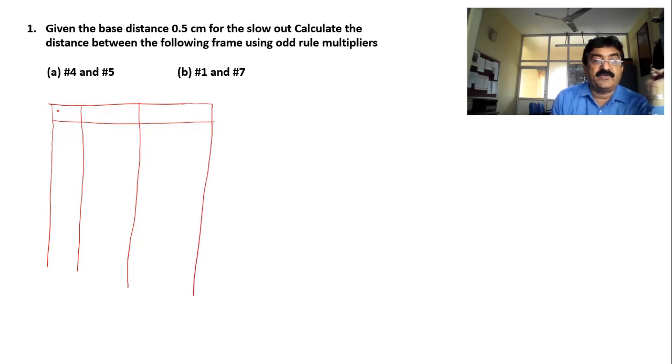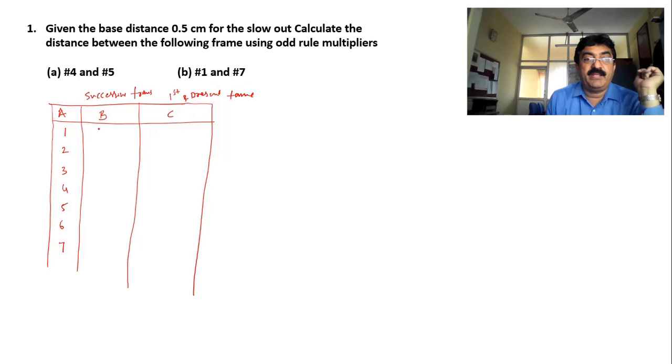First column is the frame number, I write it as A. Second column is B, the distance between two successive frames. Please follow my notes. And the third one is C, the distance between the first and present frame. Now let me write the frame numbers 1, 2, 3, 4, 5, 6, 7, because totally 7 frames are there.